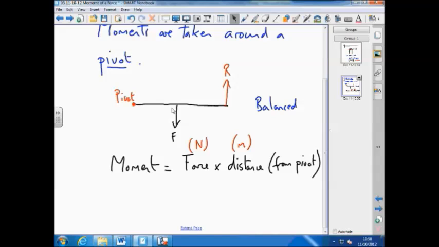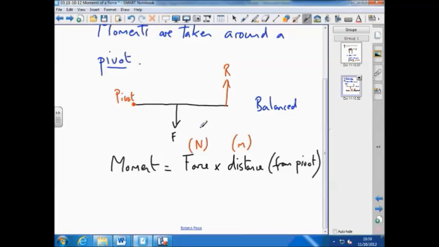We also talk about the direction of these moments. So if we take the pivot and we imagine this lever rotating around the pivot, then it can either rotate clockwise or anti-clockwise. So we define things called the clockwise moments. And the clockwise moments are all the moments where the force is trying to turn the beam clockwise.